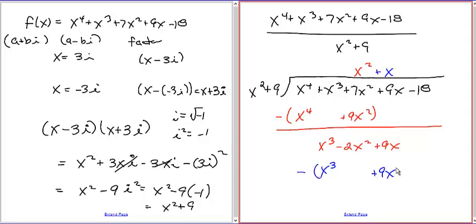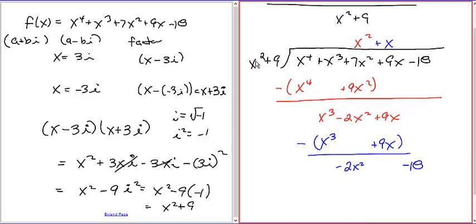And then I subtract these. So x cubed minus x cubed is 0. Bring this thing down. 9x minus 9x is 0. So this goes to 0. And then I bring down the negative 18 for the next step.